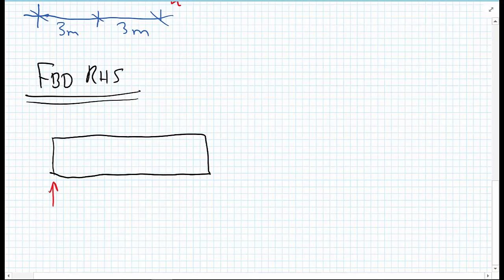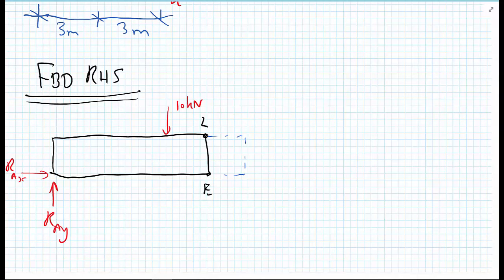So we had a reaction RAY, and potentially, although we know it will be 0, RAX. We had, at some distance along here, the external load of 10 kilonewtons, and again applying the same procedure, imagining the next bay along still being there, this would be L, and this would be the point E.